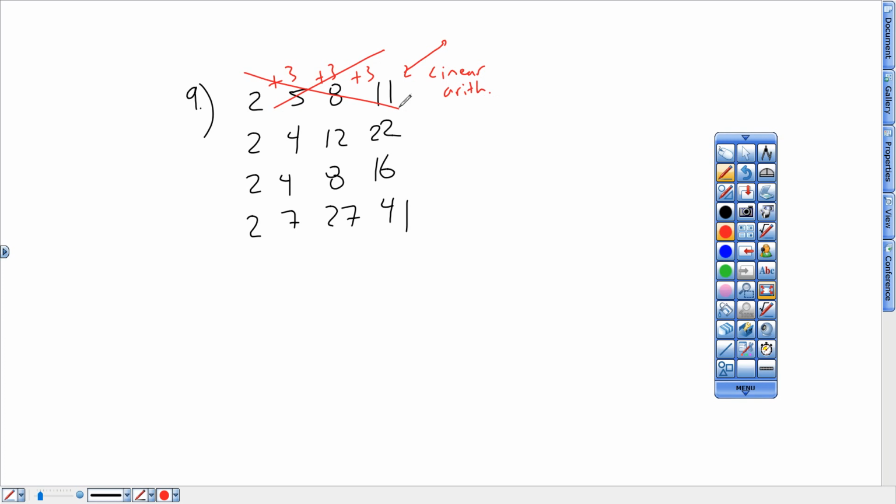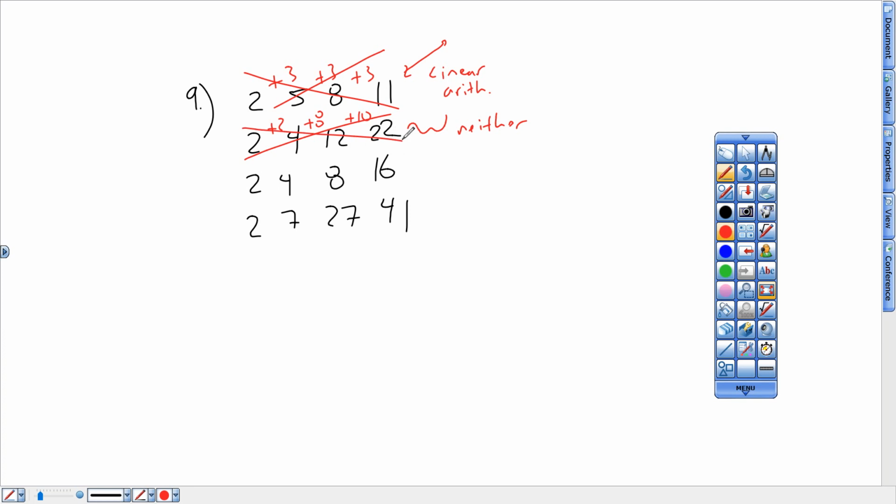This one going up by 2, and then going up by 8, and then going up by 10. That's not going to be geometric. There's no number times 2 to get 4 and that same number to get 12. So this is one of those weird neither ones. But it's not exponential geometric like they're looking for.